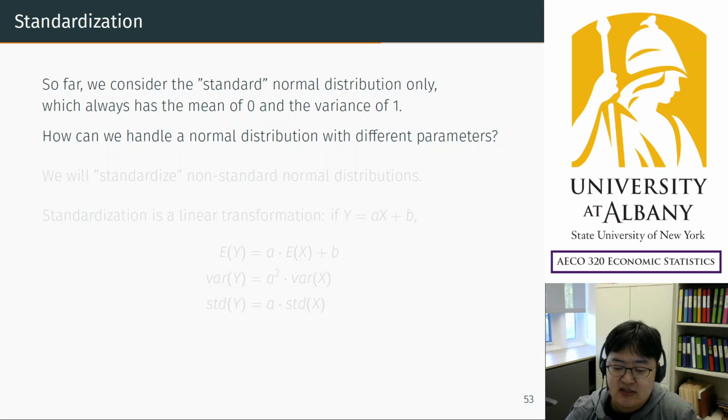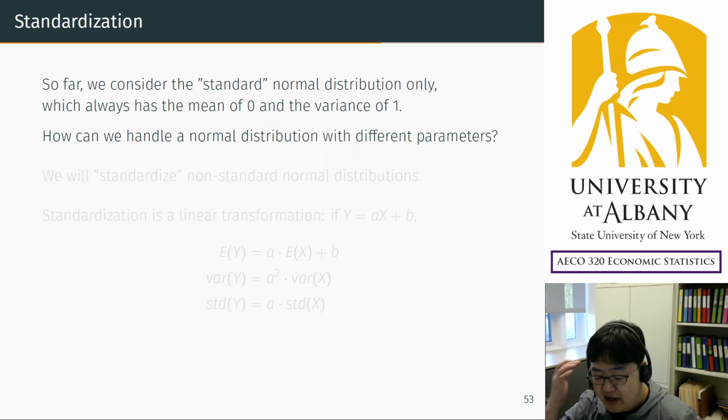But the problem is that we only learned how to do it for the standard normal distribution, which means we restricted the mean to be 0 and the variance to be 1.